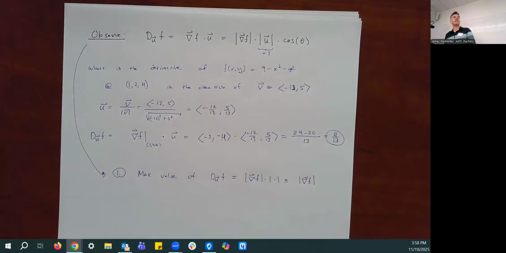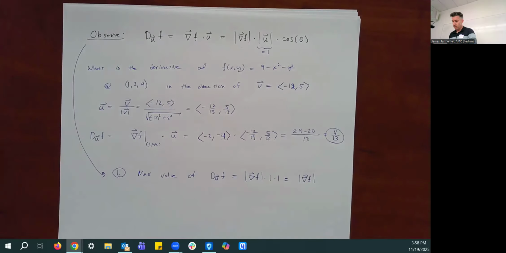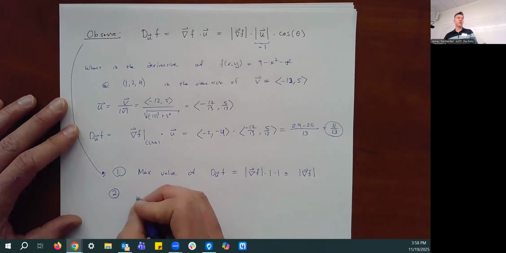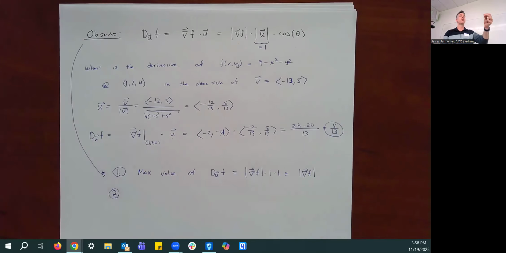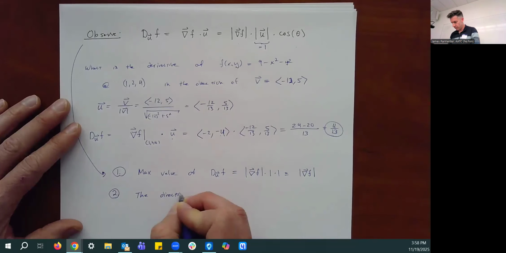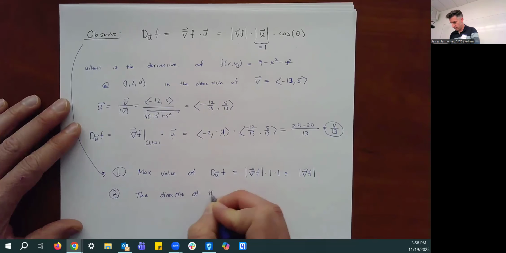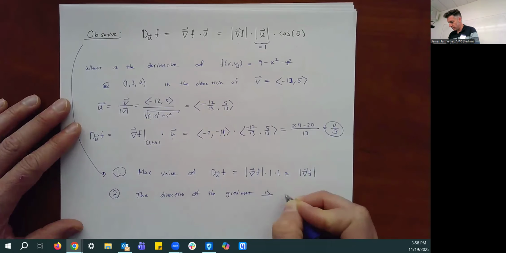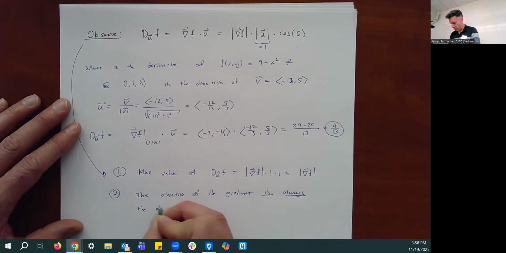That's probably the less interesting piece of information. The more interesting piece of information is that the maximum value of your directional derivative occurs in the direction of the gradient. Or in other words, the direction of the gradient is always the direction that the slope is the steepest.